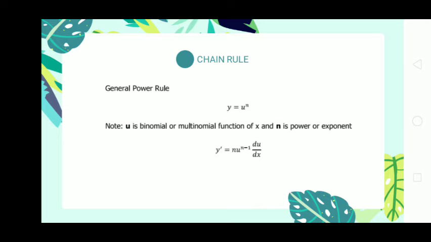However, u is a binomial or a multinomial function of x, and n is the power or exponent. So we put it simply as y prime is equal to n times u raised to the power of n minus 1 times du over dx, or the derivative of u over dx.